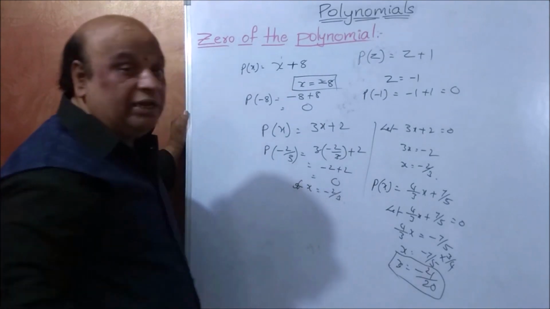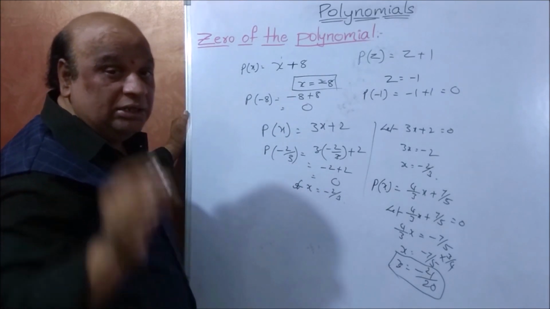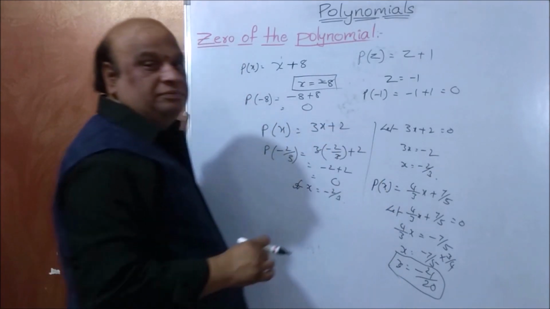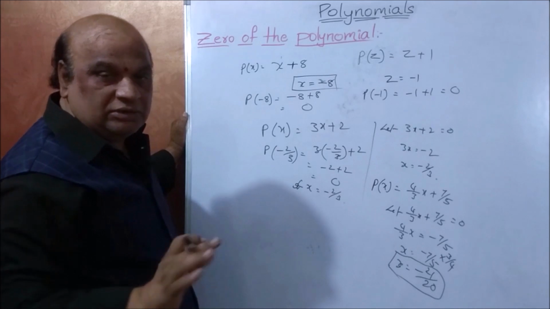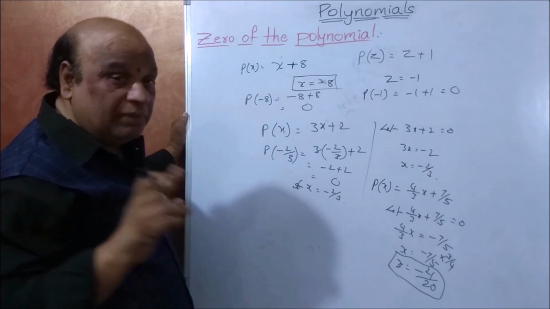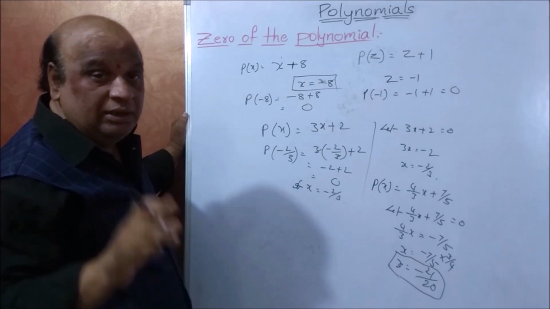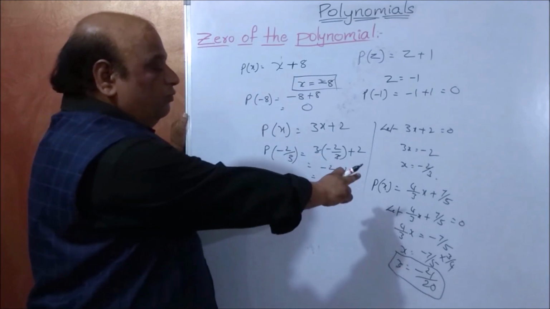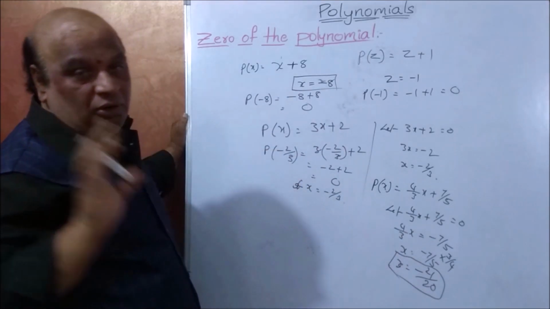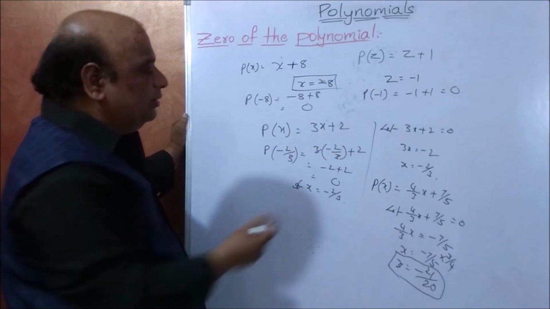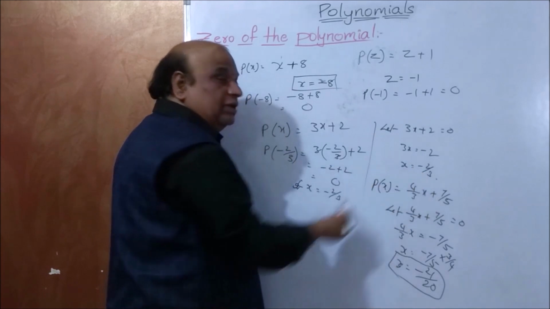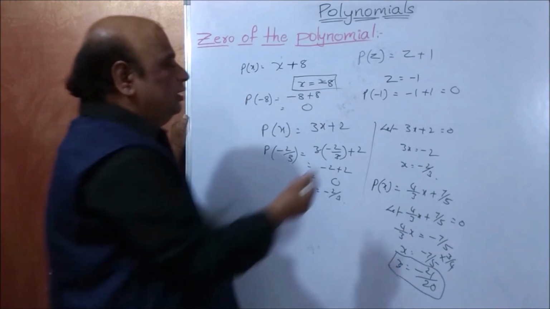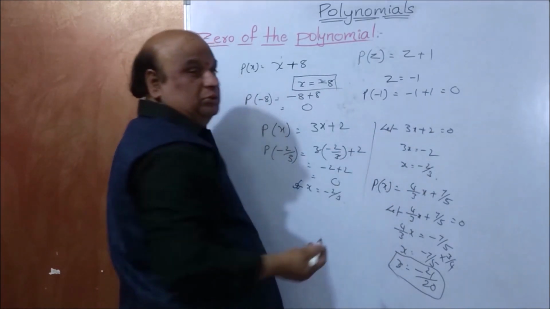This minus 21 by 20 is called the zero of this polynomial. Understood? What is minus 21 by 20? It is the zero of the polynomial 4 by 3x plus 7 by 5. Here minus 2 by 3 is the zero of this polynomial, 3x plus 2.